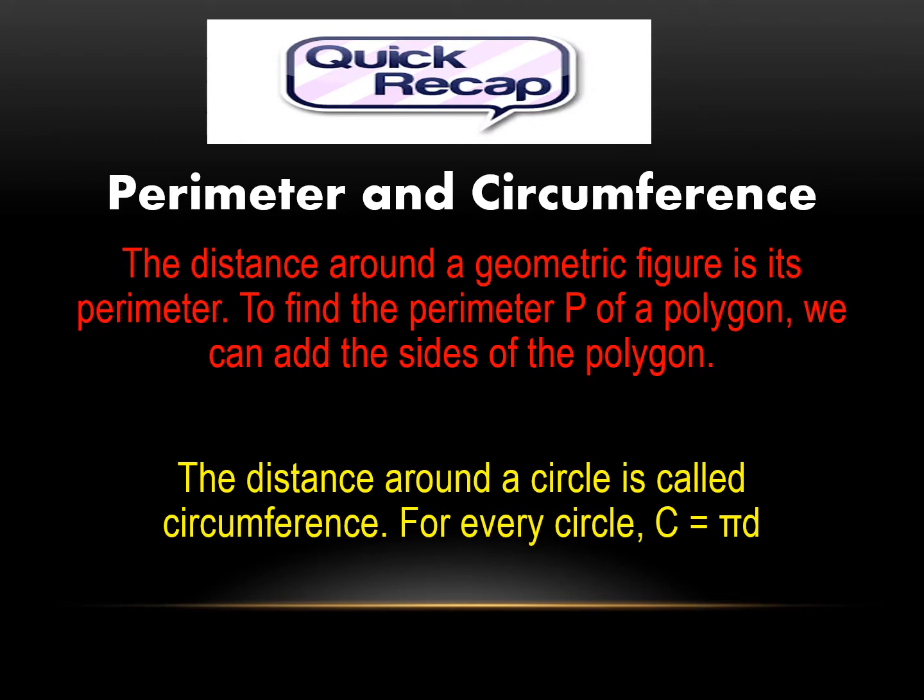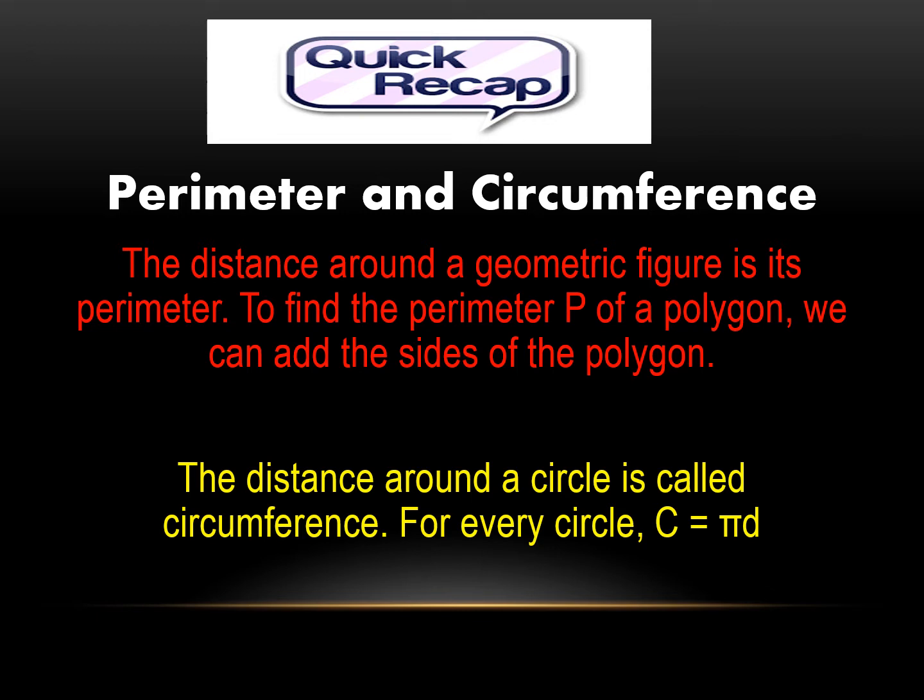So first let's have a quick recap. The difference between perimeter and circumference. Is there any difference between them or are they the same? Actually, perimeter is the distance around a geometric figure. So circumference is also a perimeter. To find the perimeter of a polygon, we can add the sides of the polygon. Whether it is a triangle, a quadrilateral or a pentagon, we will add all the sides.